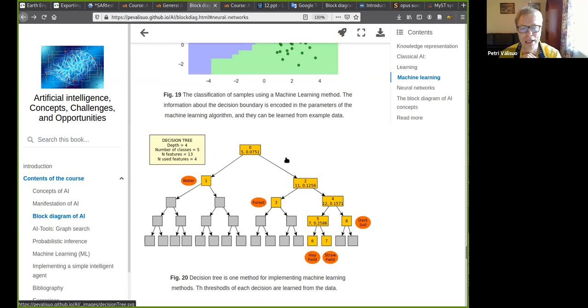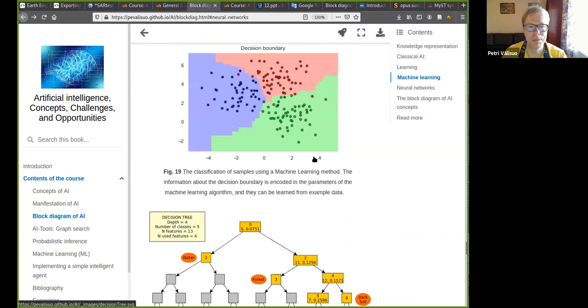But the algorithm has probably already trained it to be optimal using certain criteria and the amount of data that you have. So if you change these thresholds and other properties, you make it less optimal. But of course, there can be many optimality criteria, but according to those that were selected during the training, this should be quite optimal.